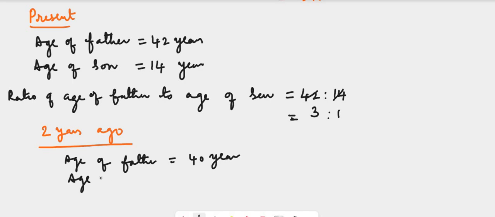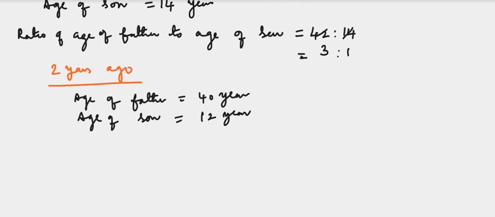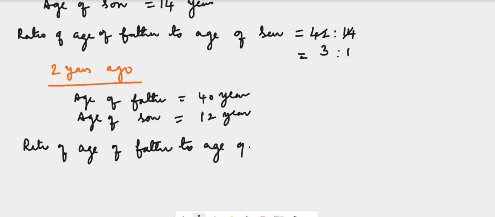Age of son 12 years. Ratio of age of father to age of son is equal to 40:12. 4 table, 4 10s are 40, 4 3s are 12.